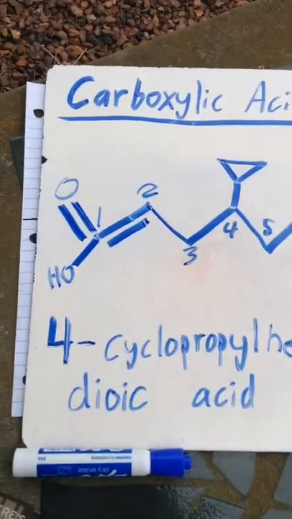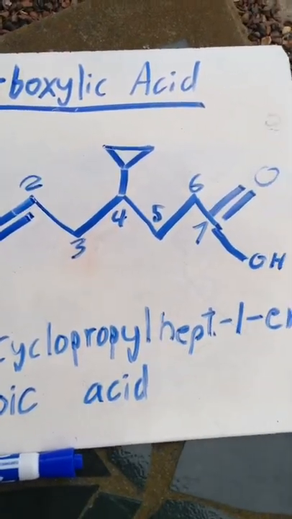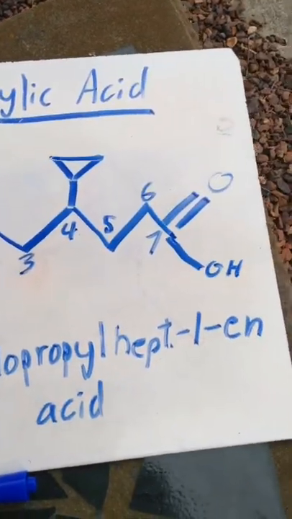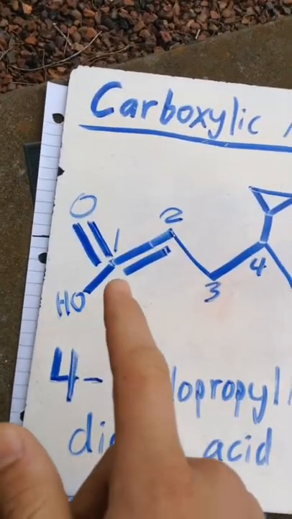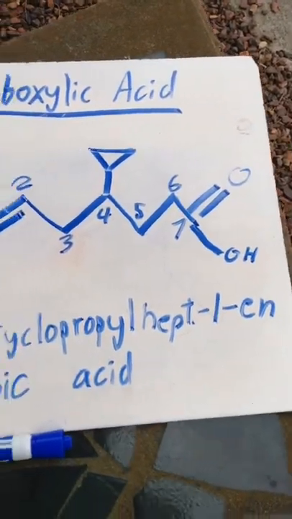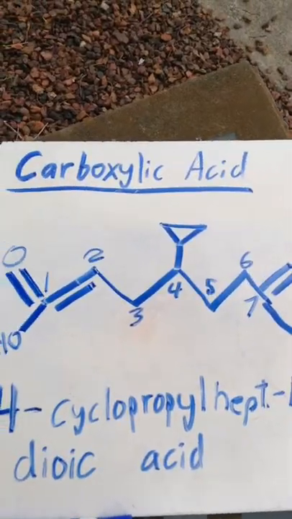So to name that, you're going to start with 4-cyclopropyl, because it's right there. Then hept, because it's a 7. 7 is your longest carbon chain. 1-ene, because you have an alkene at position 1. Heptenedioic acid, because there's two carboxylics.